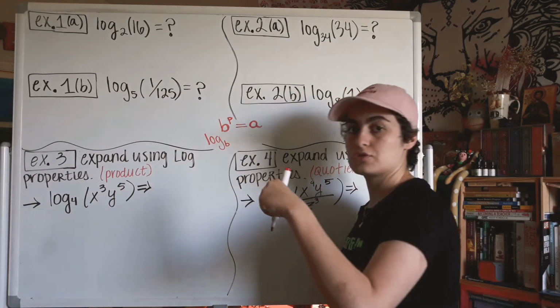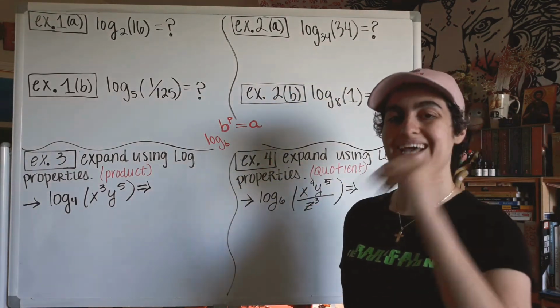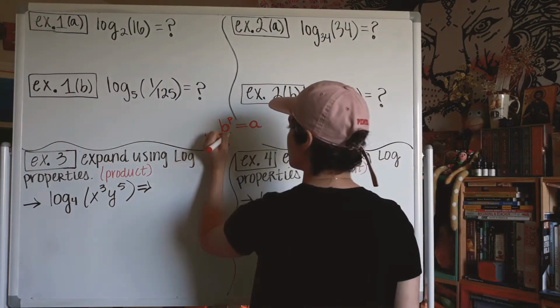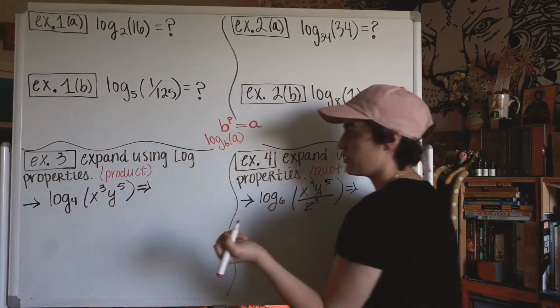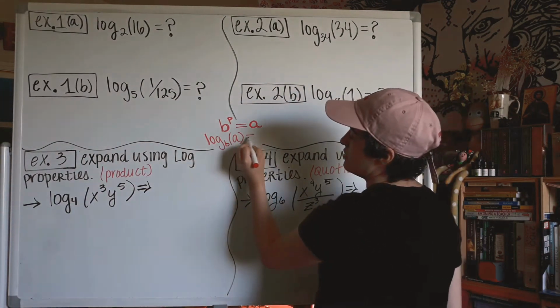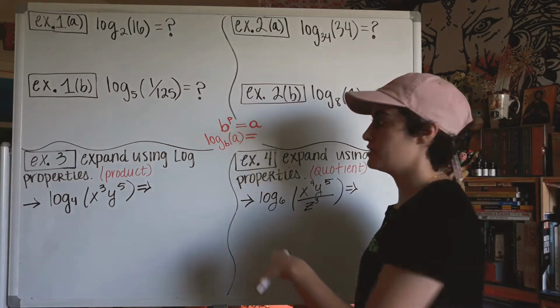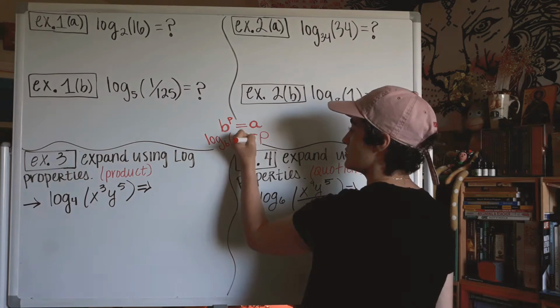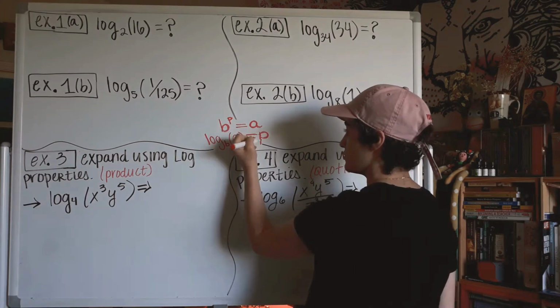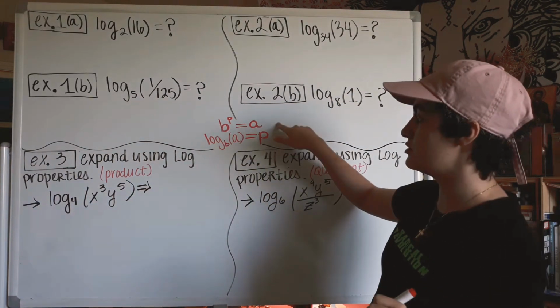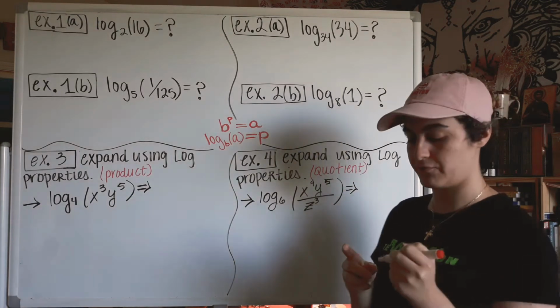The answer is A. That's going to go in the big parentheses, normal size font. So what we care about is the exponent. So we're going to set that equal to P. Okay? It's very important that you are able to bounce back and forth between these.